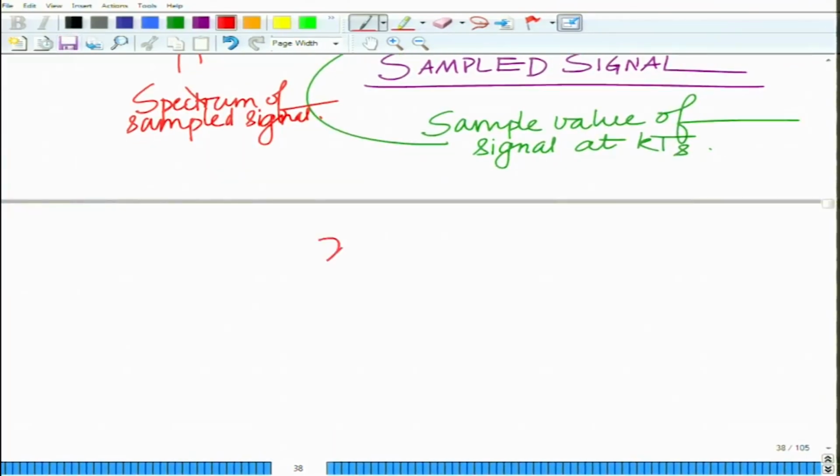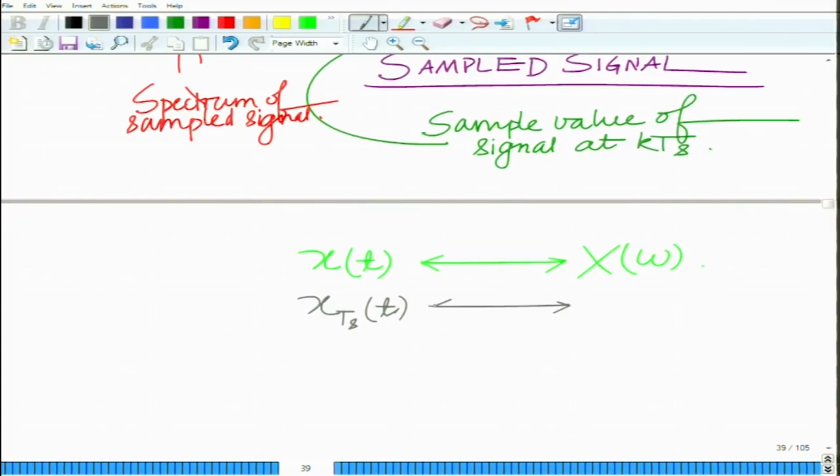That is, if x t has the spectrum X of omega, then what is the spectrum of the sampled signal? That is the question that we would like to address. So we would like to find the spectrum of the resulting sampled signal.